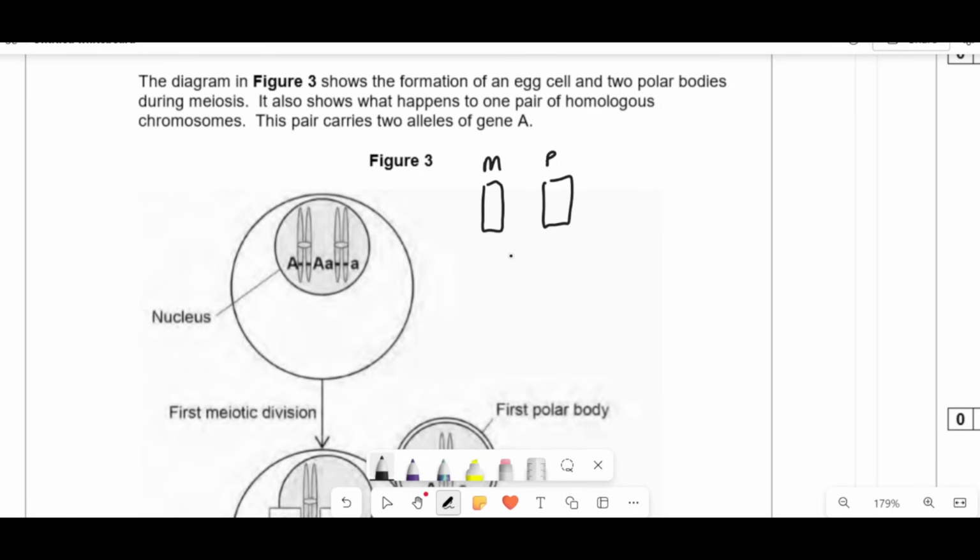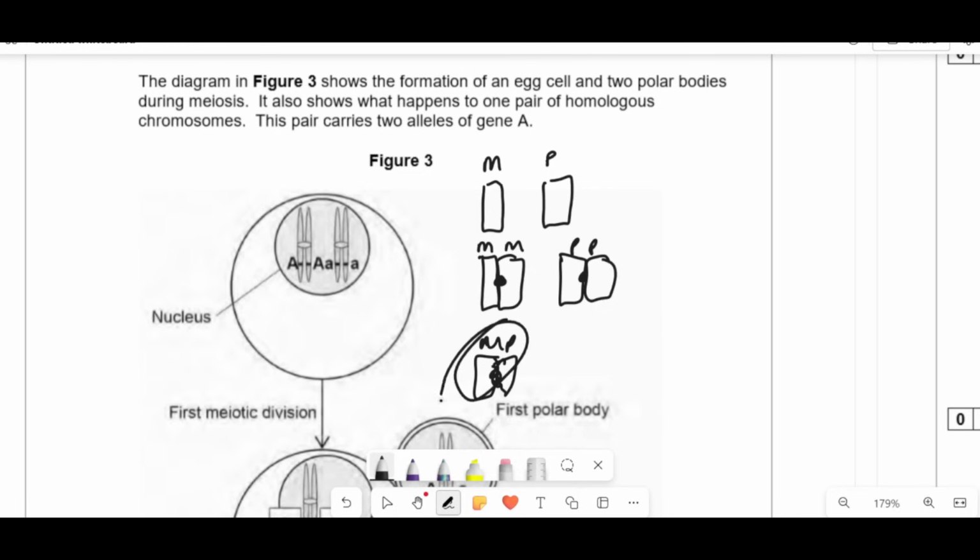So whenever you're replicating your DNA, you're making these sister chromatids like this. This is a maternal, and paternal. They're copies of that same chromosome. People make the mistake of saying it's this, maternal. That's wrong. That's objectively wrong. These are just copies of the chromatids that came from this. Right, so maternal, paternal.